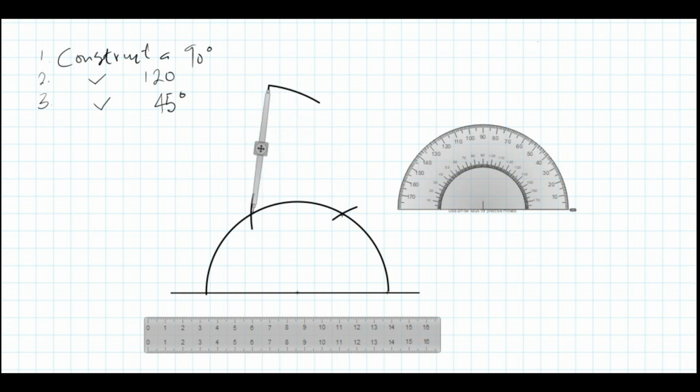With the same measurements, you don't open or close your compass, you leave it as it is. Then you draw another arc again to get your point of intersection.